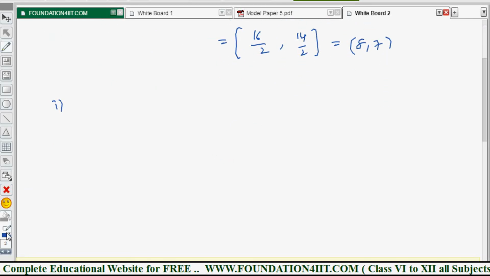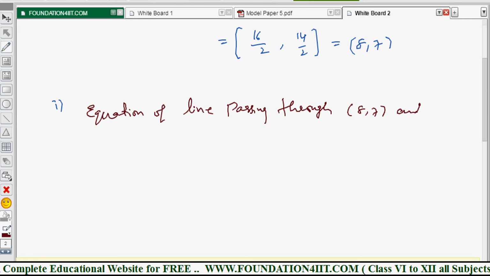Let me solve this first question. The equation of the line passing through the midpoint of AC, that is 8, 7, and B point, minus 3, 7. The formula for a line passing through two given points is y minus y1 equals y2 minus y1 by x2 minus x1 into x minus x1.